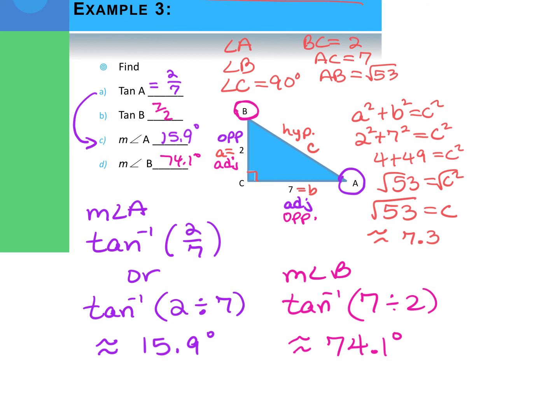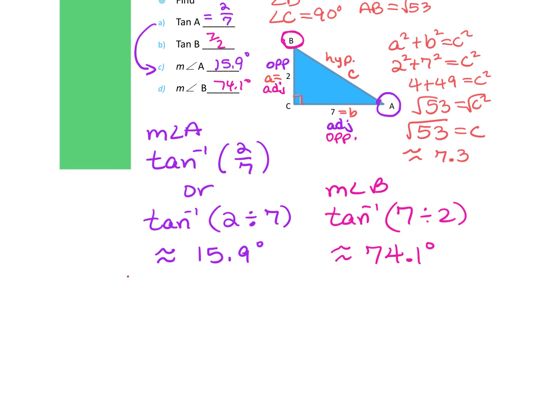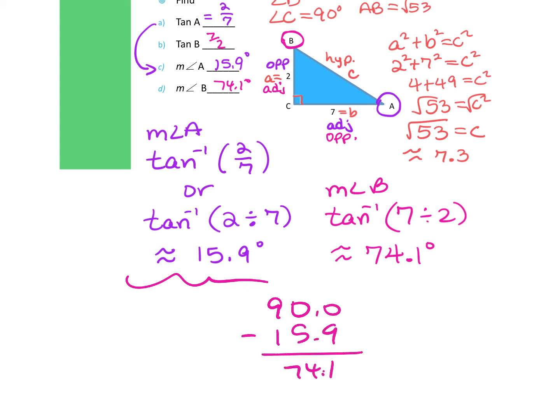So angle A was 15.9 degrees, angle B was 74.1. Now, also realize that A and B together are complements. If you were confident with this answer, to find B, you could have just done 90 minus 15.9 and got 74.1. Know that these two added together need to add up to 90.